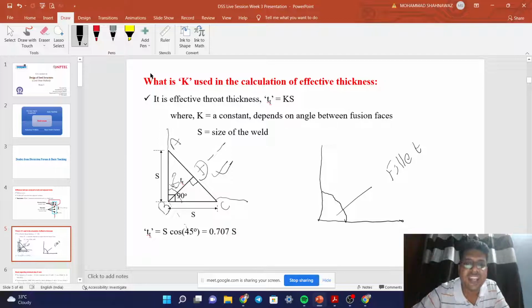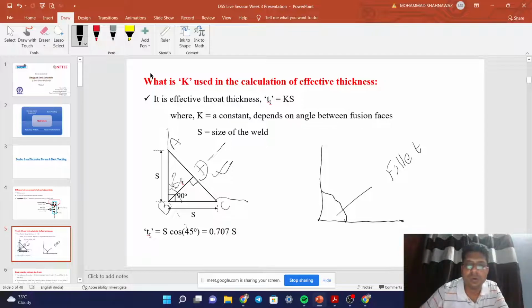So you can check it by calculating for the angle of 120 degree. Instead of this 90 degree you can also calculate for 120 degree. In the code book you can see that gradually from 90 degree to 120 degree it has been reducing.